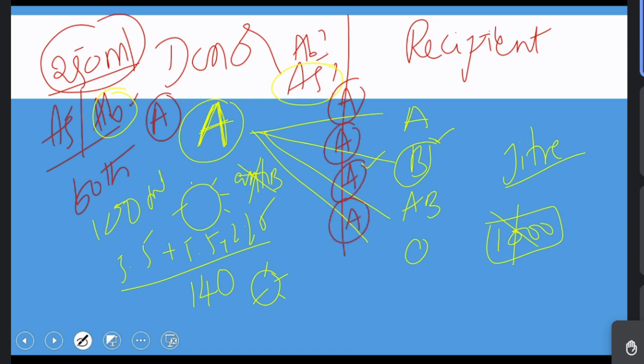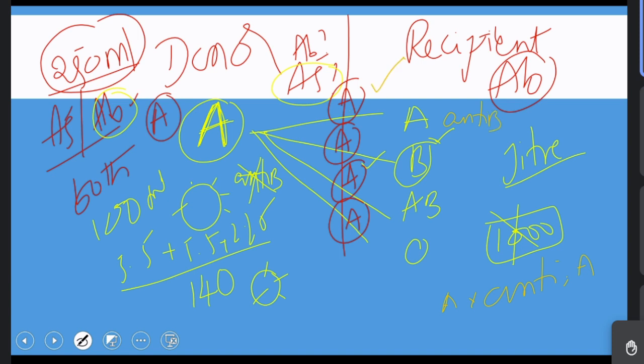Now what happens? A antigen reacts only with anti-A, and we have to ensure that the other person is not having anti-A. So in the recipient, we have to see what kind of antibody is present. The first person is having anti-B, and I am donating A antigen.